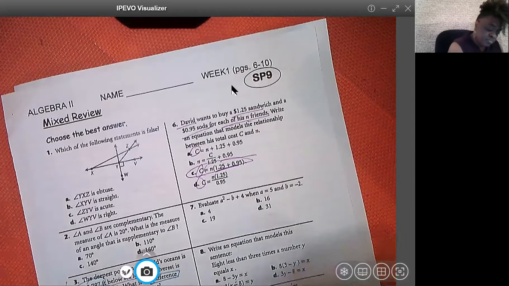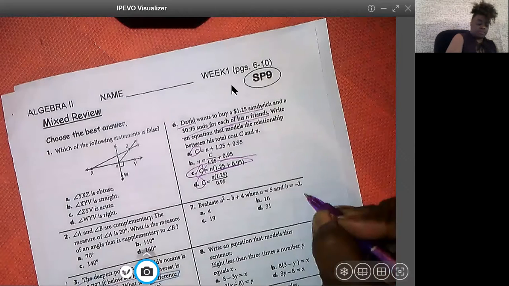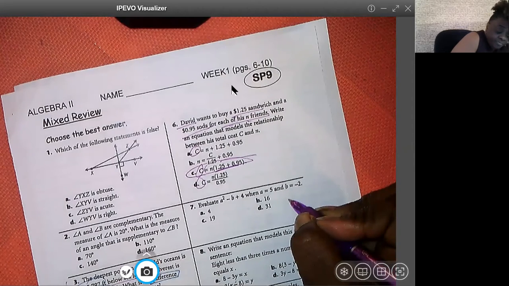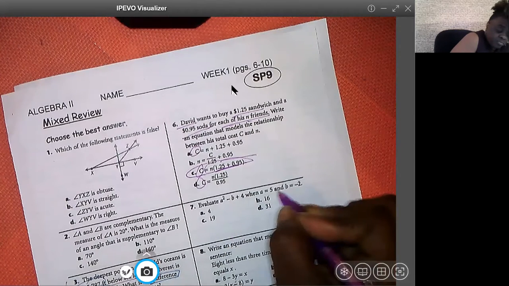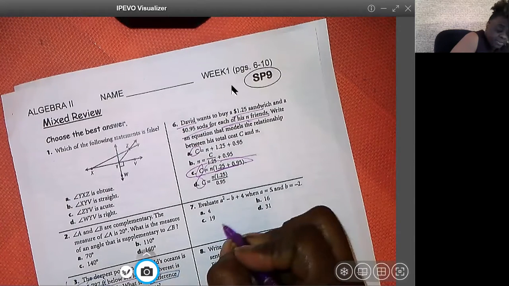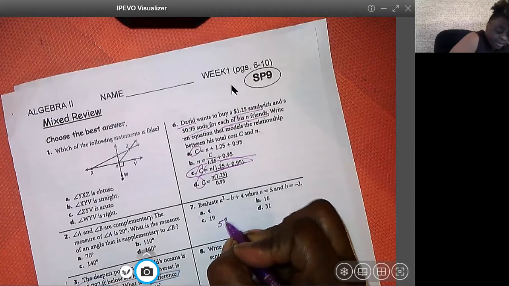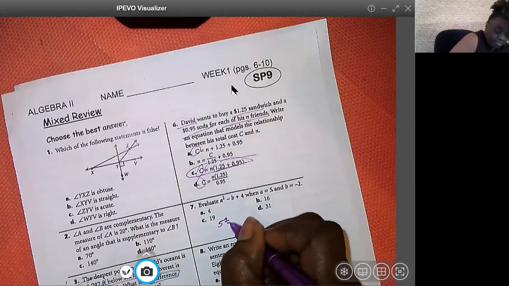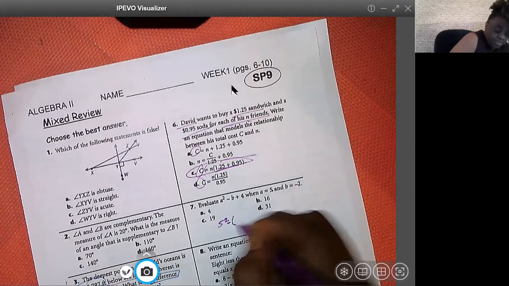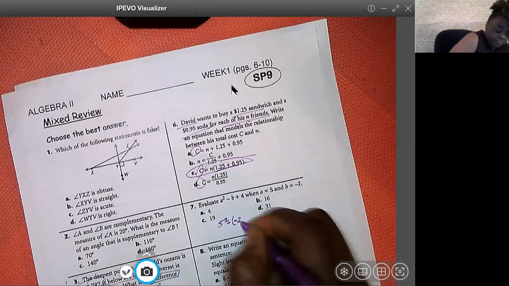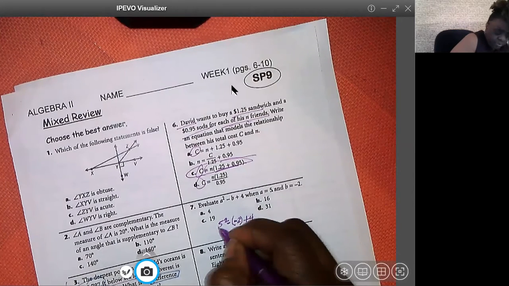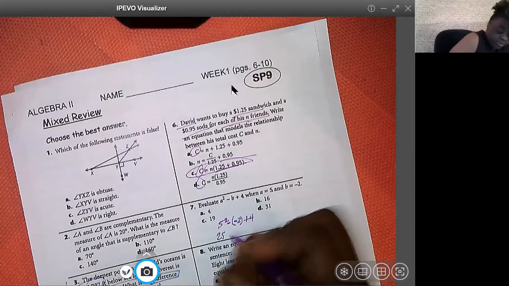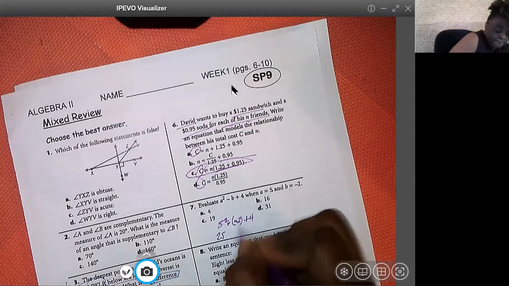Our number 7, we're substituting numbers. A is represented as 5, so we have 5 squared minus B. B is negative 2 plus 4. So 5 squared is 25. Negative and a negative makes that positive.